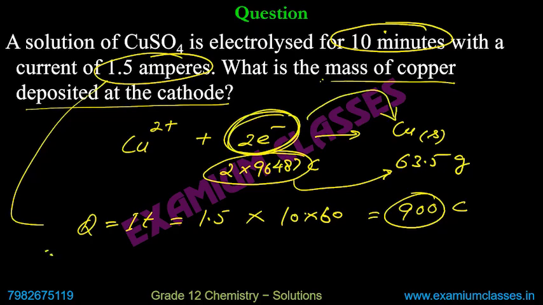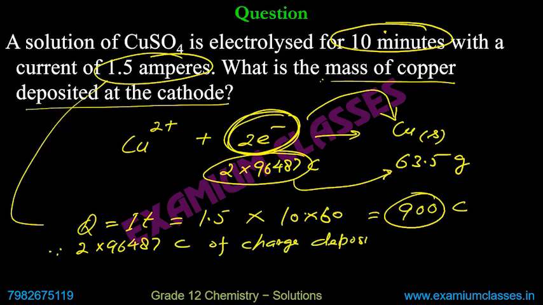So you will write that 2 × 96487 coulombs of charge deposit 63.5 grams of copper. 63.5, why? Because 63.5 is the atomic mass of copper. That's why 1 mole of copper is 63.5 grams.